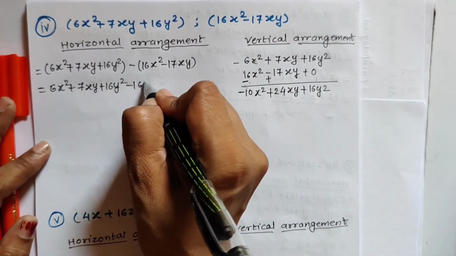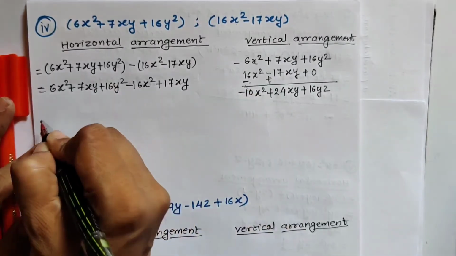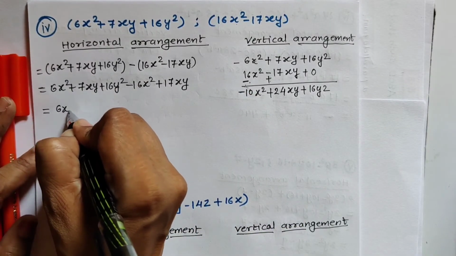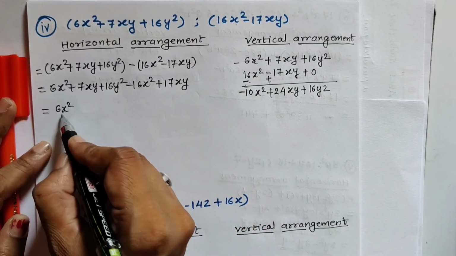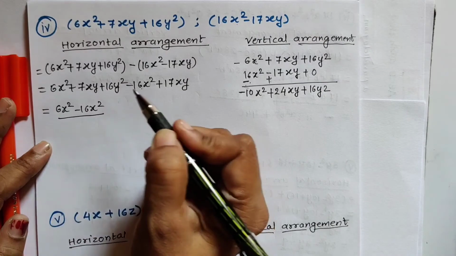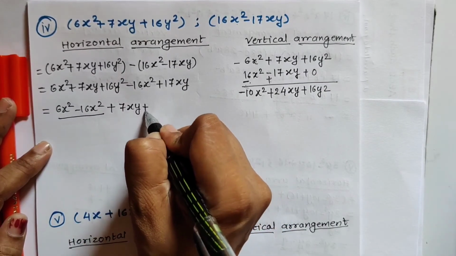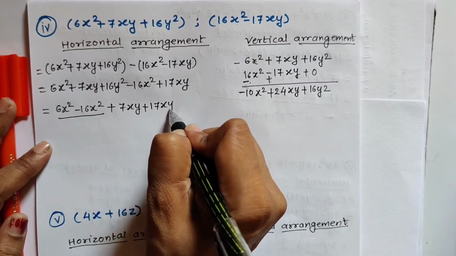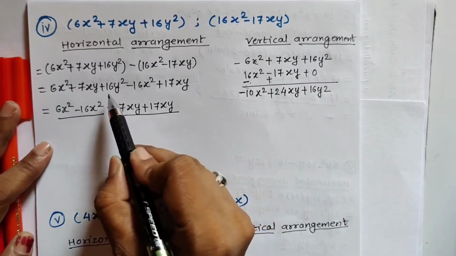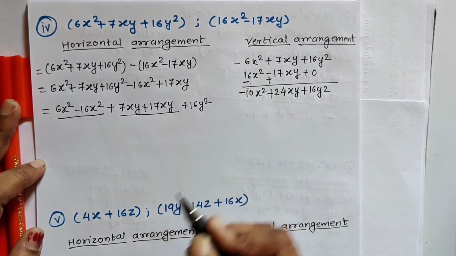It is minus 16x square plus 17xy. Now what we do, we write the like terms together. Plus 6x square minus 16x square we write together. They are like terms. Plus 7xy and plus 17xy we are writing together. Now what is remaining? Only this plus 16y square is remaining. We write in the end.